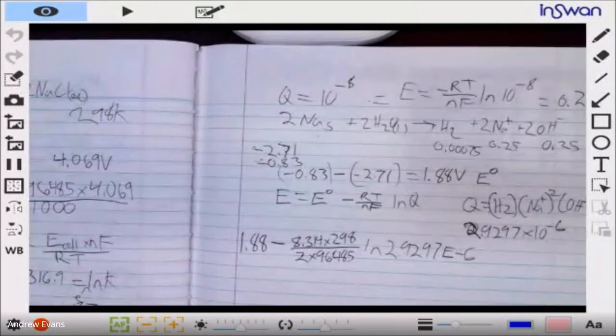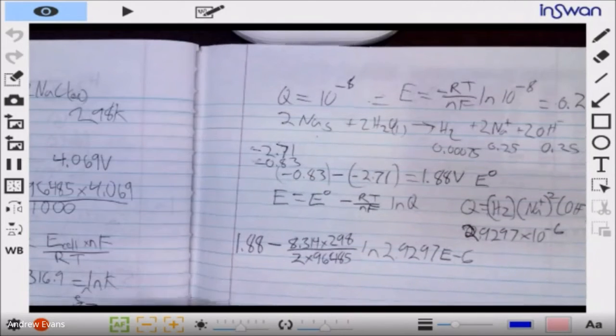Okay, let's do this. I'm going to say 1.88 minus 8.314 times 298 divided by 2 divided by 96485 times my natural log of the answer.